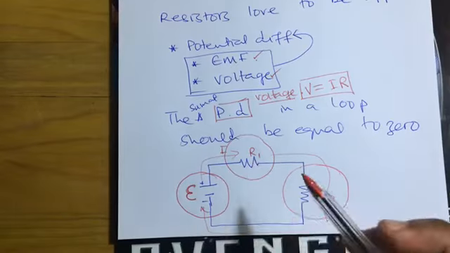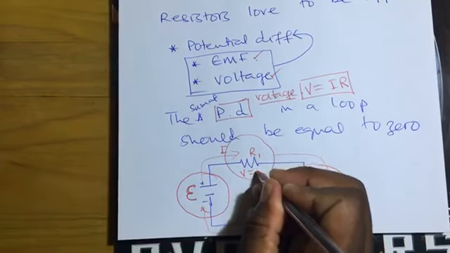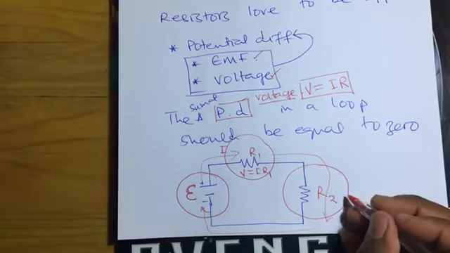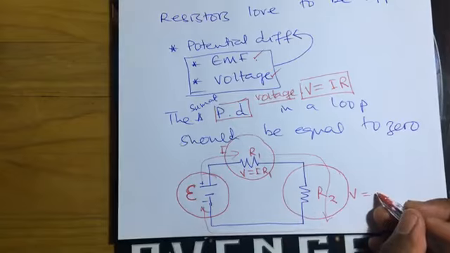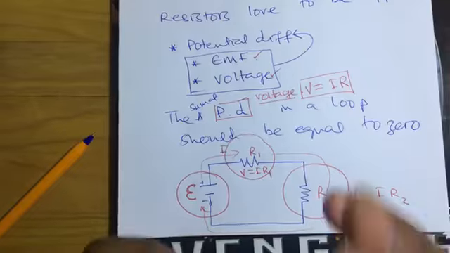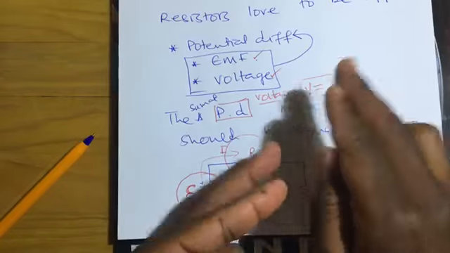So the voltage across this one, V, is going to be IR1. The voltage across this one, V, is going to be IR2. So voltage can also be denoted by the letters I and R.